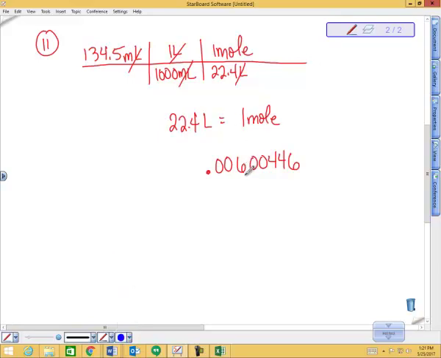Do zeros in the front count? No. 1, 2, 3. Do you need to round the 0 up? No. So technically your answer is 0.00600 moles. That's just one of the answers that they're looking for. Don't hit clear on your calculator. Keep that answer, that whole thing, keep all of the numbers.